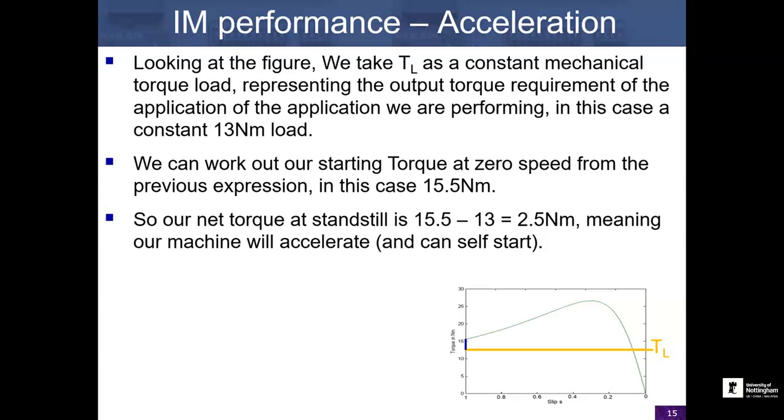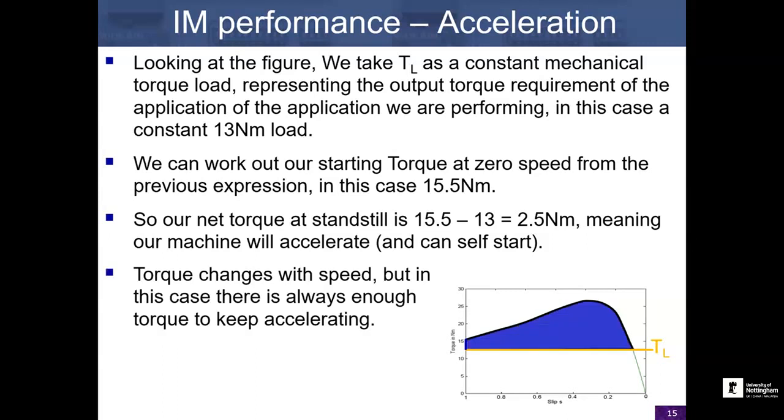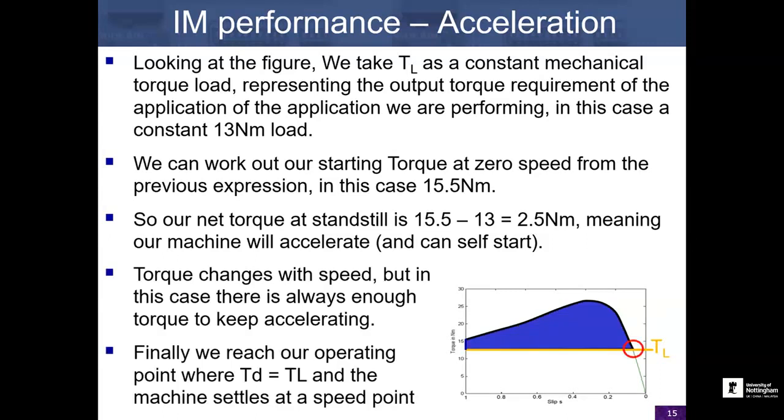And eventually our machine will reach a settling point. It'll reach a point where its load torque and output torque balance, and that's going to be our operating point with that particular load. So in a non-controlled situation without a drive, this is a typical behaviour of an induction machine. It'll accelerate up and eventually it'll reach a point where its load torque equals the output torque.